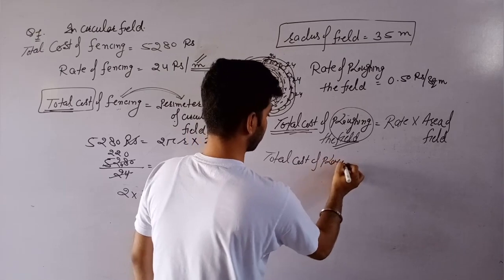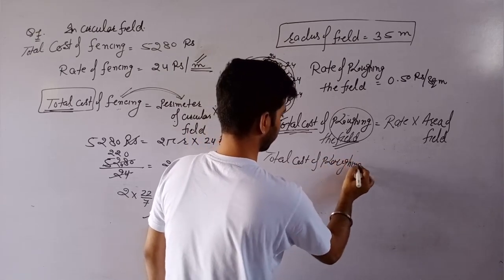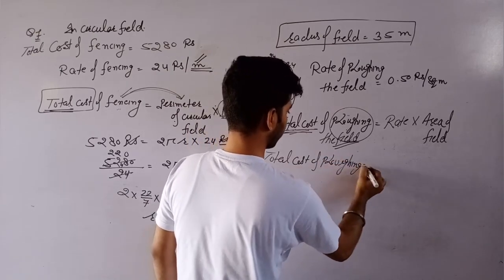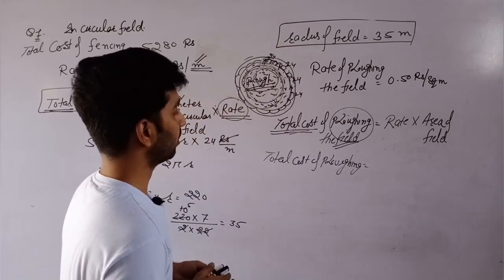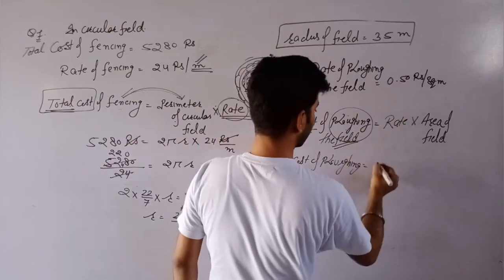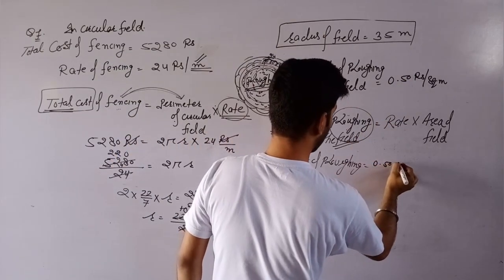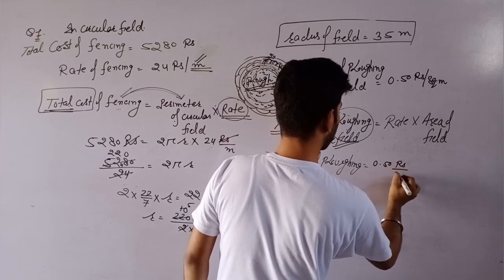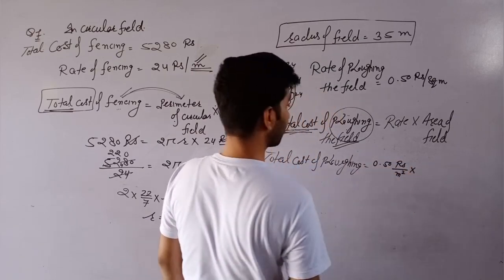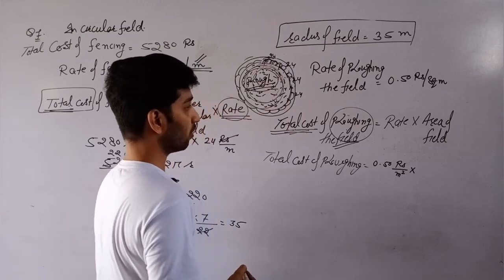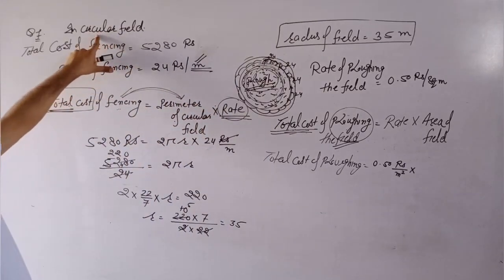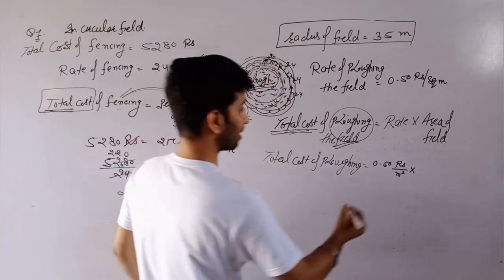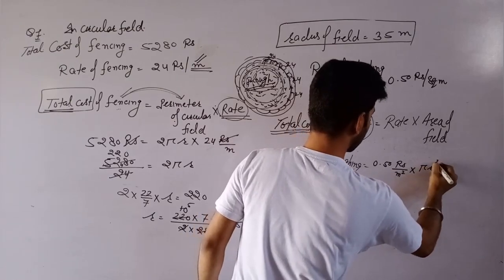ऑफ प्लॉइंग क्या हो जाए, रेट ऑफ प्लॉइंग इज 0.50 रुपीज़ per meter square multiply area of field. We know that the field is circular and the area of circle is given by pi r square.